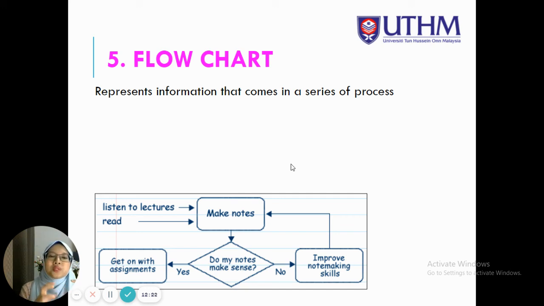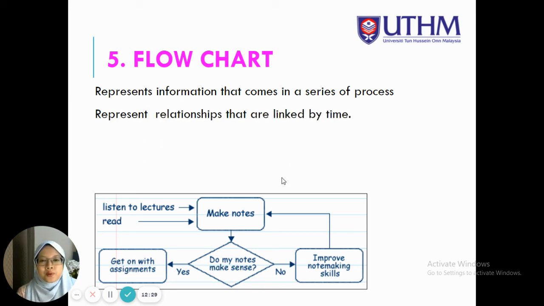If we put it into a flow chart, it is easier for people to follow. It represents relationships that are linked by time. When we say process, normally it is linked by time, because a person needs to finish this one first, then only can move to another process.